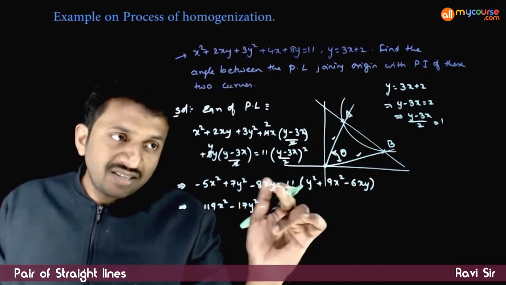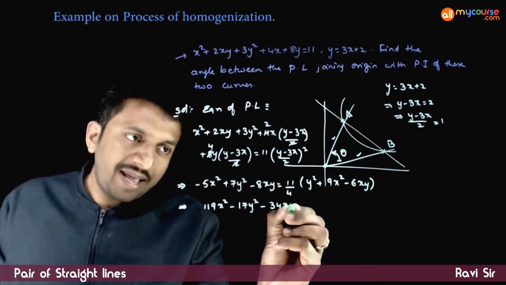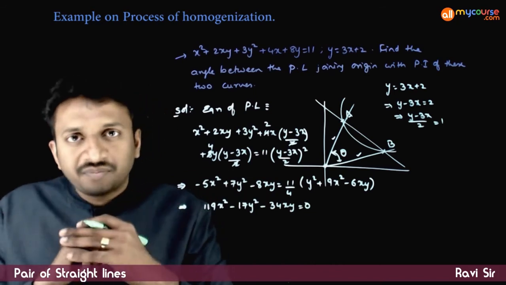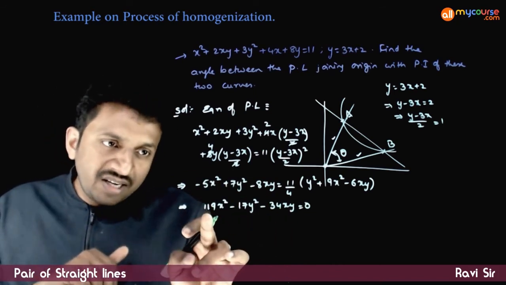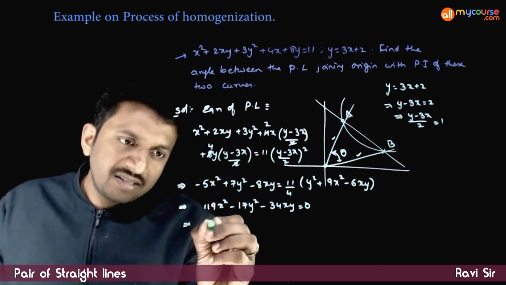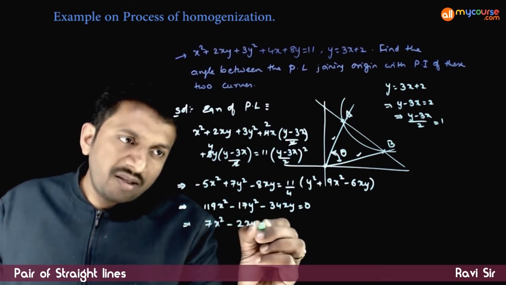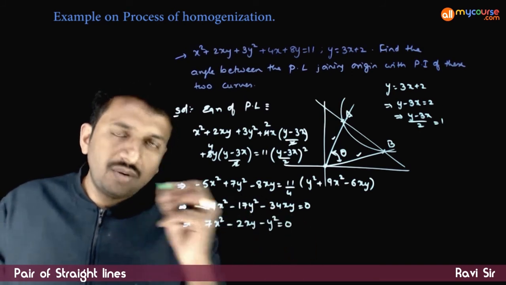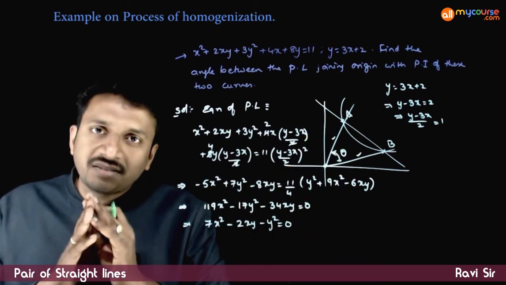So minus 66 plus 32 is 34xy is equal to 0. So if you cancel a 17 here, 17 sevens are 119. So you get 7x square minus 2xy minus y square is equal to 0. So this will be the equation of this pair of lines.